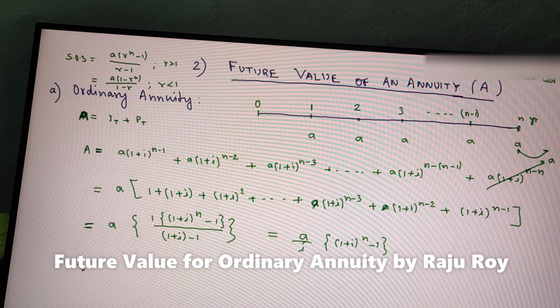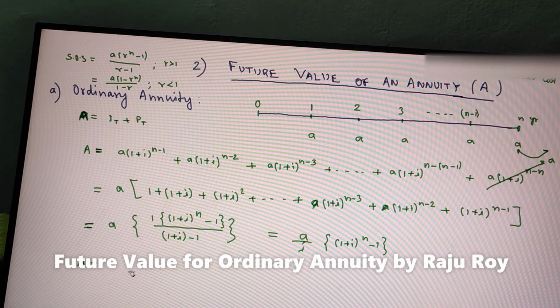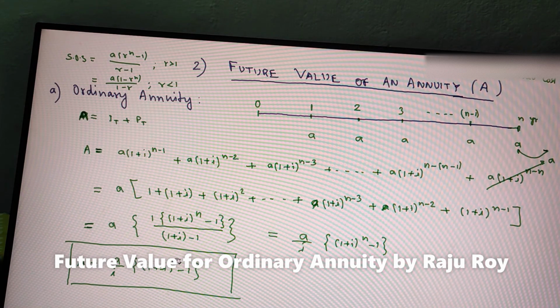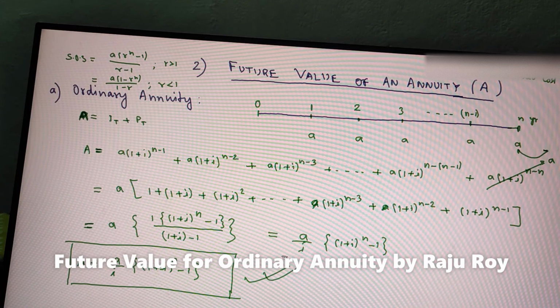So this is the future value of the equal annuity you are paying at the end of every year, right? Here the power is n. Okay, so this is the formula for future value.